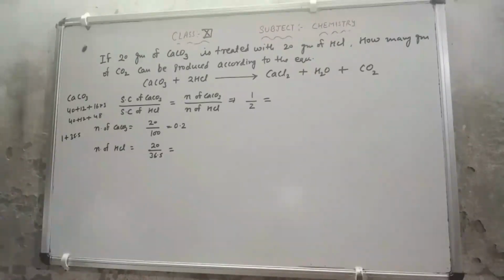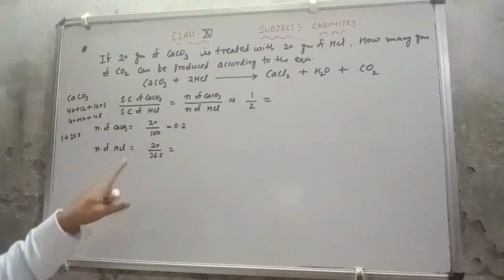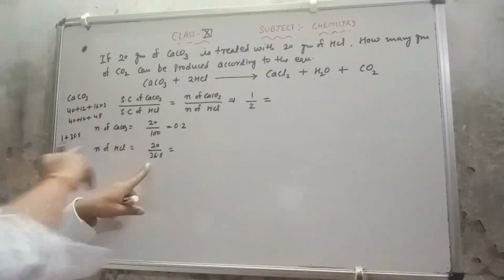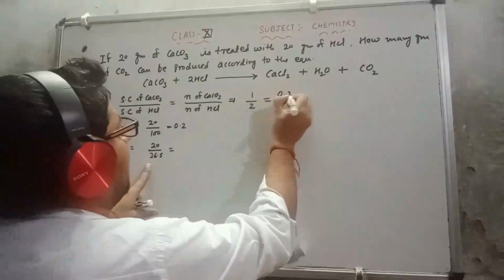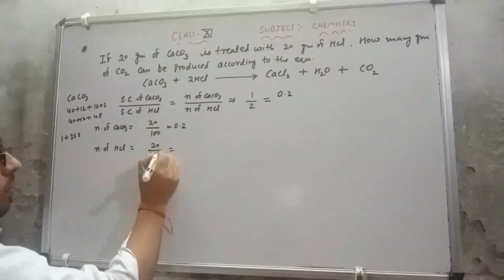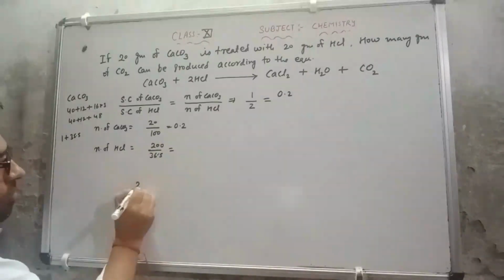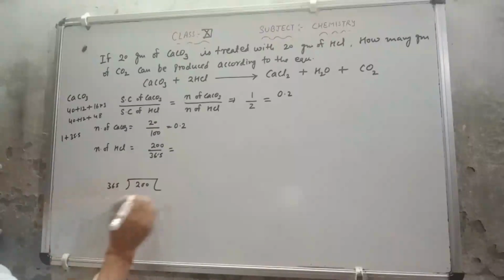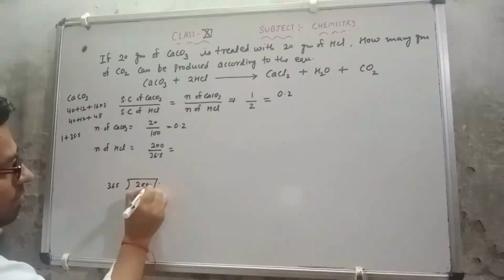So for calcium carbonate it is 0.2, and for HCl, removing the decimal, this is 200 divided by 365. It is not divisible, so 0.0.